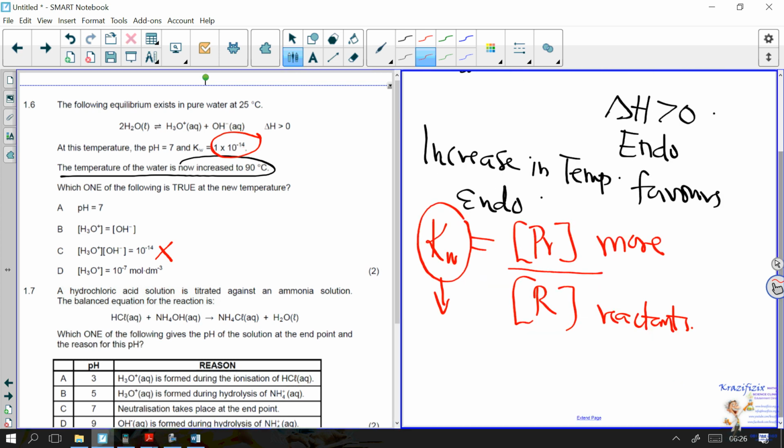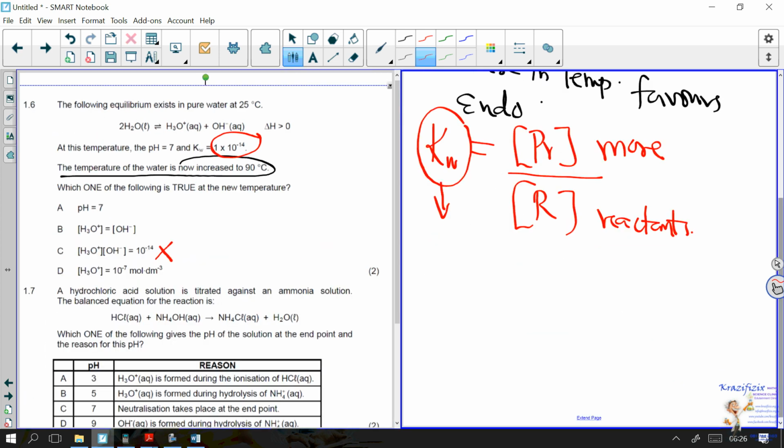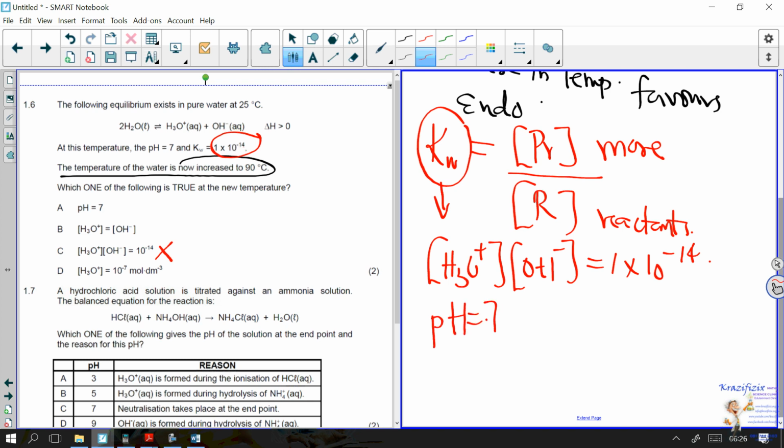But one thing we know is that at our standard of 25 degrees Celsius, the pH equals 7 and the pOH equals 7 again. Why?